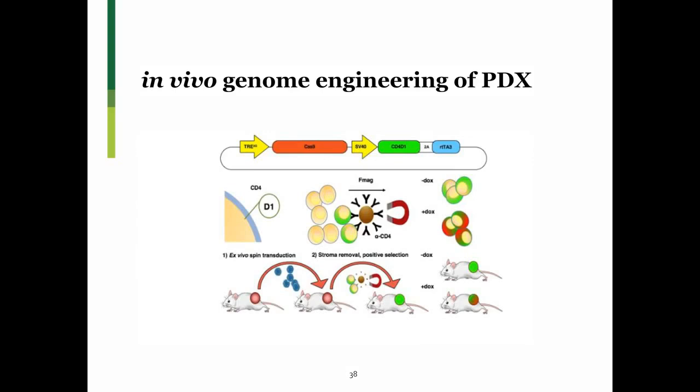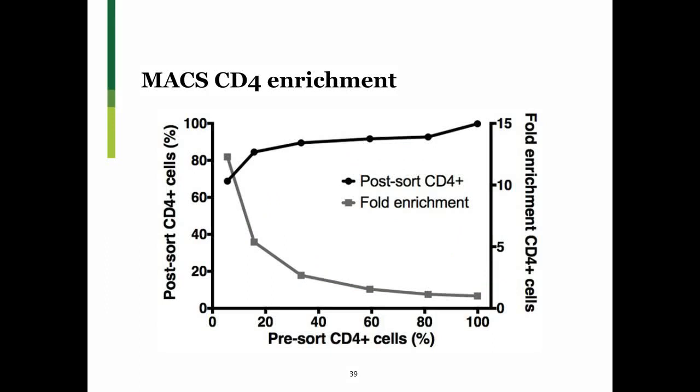And we've done some pilot experiments to see just how much purity we can get from an immunomagnetic sorting approach such as this. On the x-axis here, we spike in a percentage of cells that are positive for CD4 from the start. And on the y-axis, I'm showing the percentage of cells that are positive for CD4 after immunomagnetic enrichment.